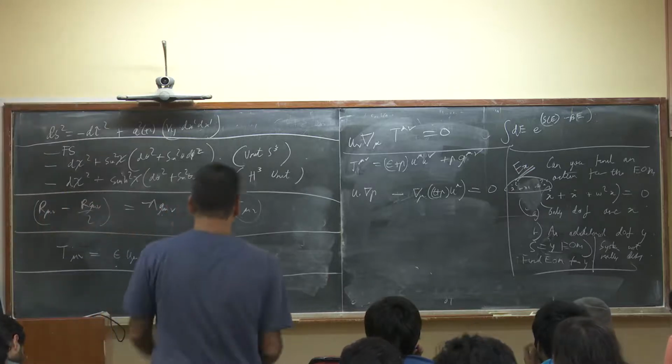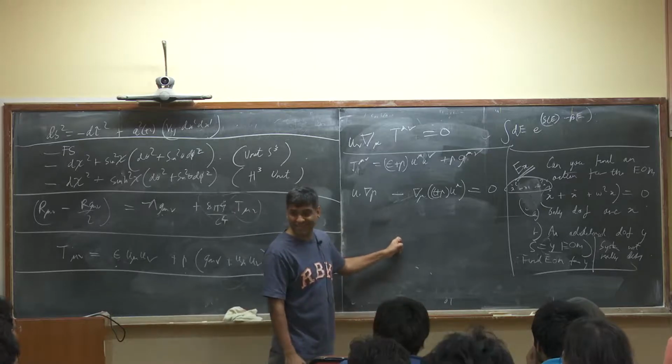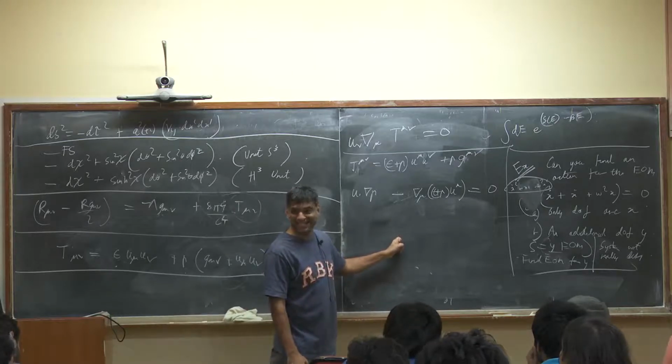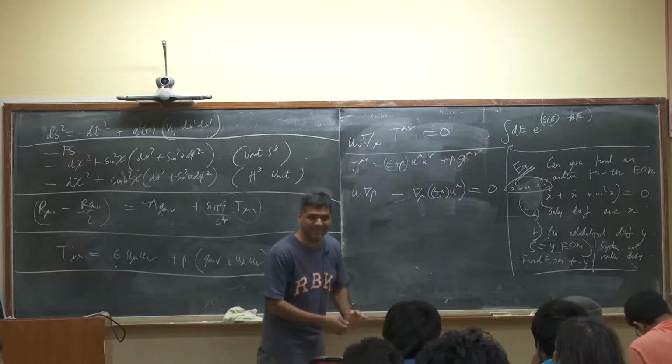Now, epsilon plus p is t times s. Shall I go through that again?